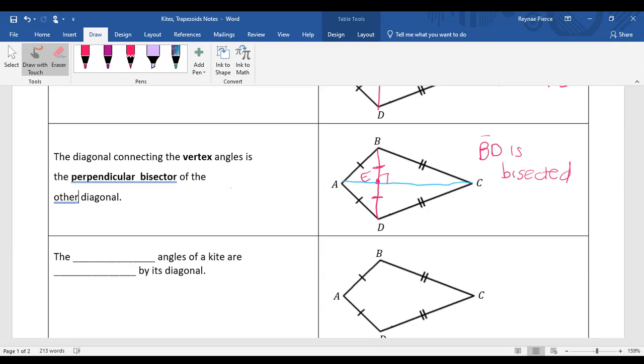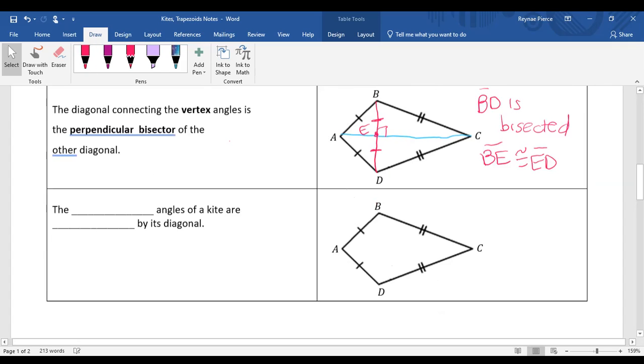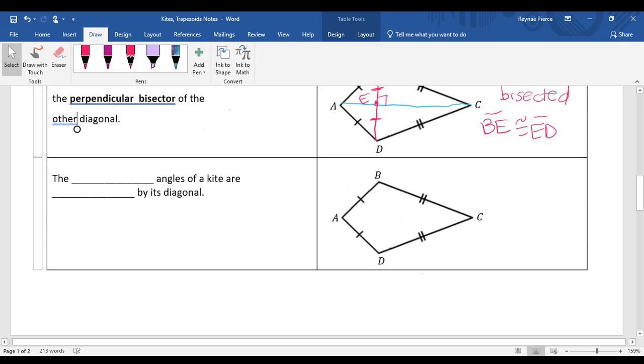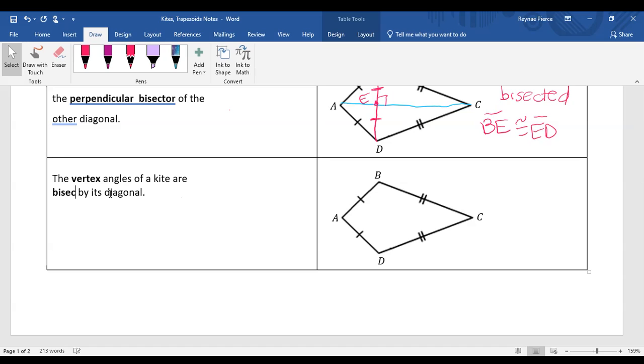When something is bisected, it is split into two congruent parts. And last but not least, the vertex angles of a kite are bisected by the diagonal between them.